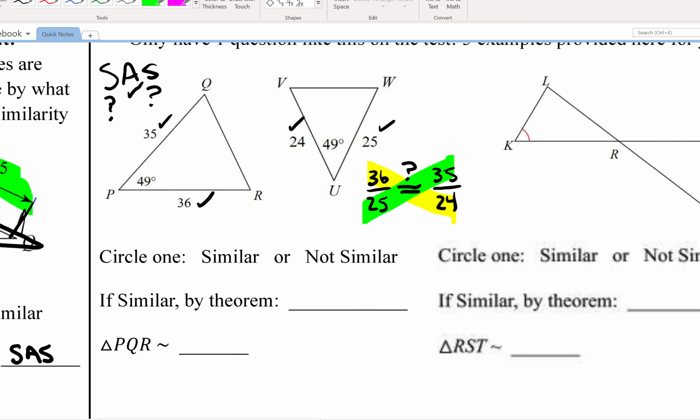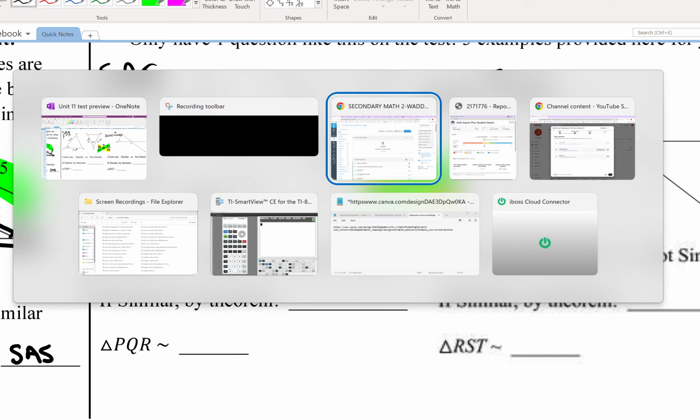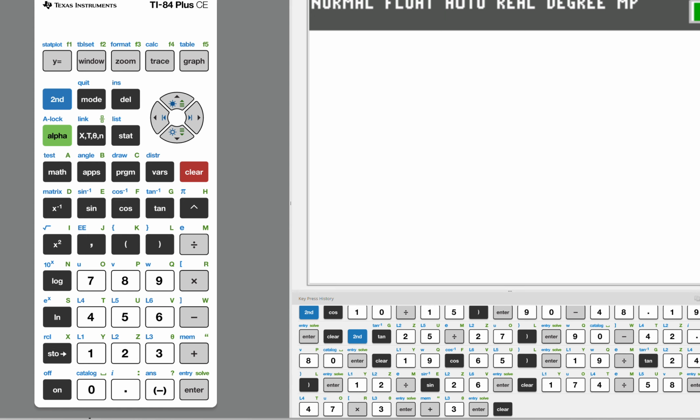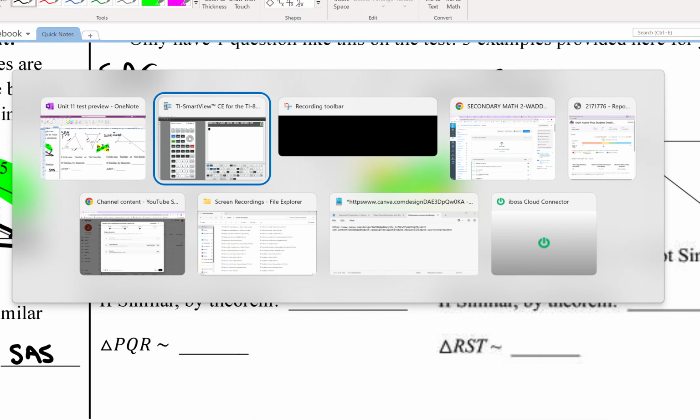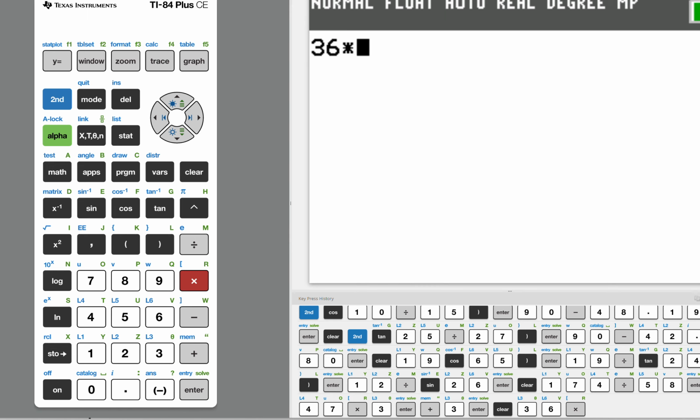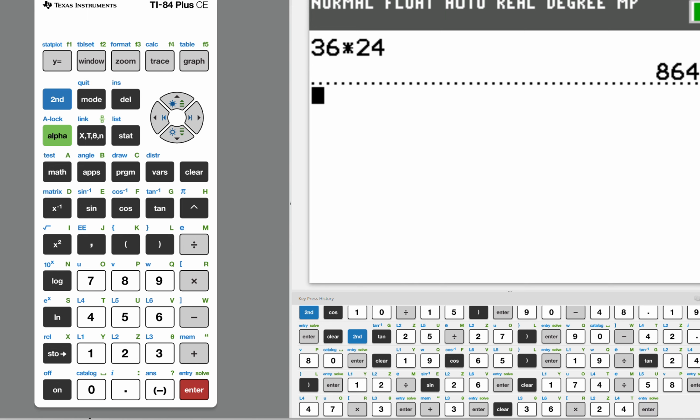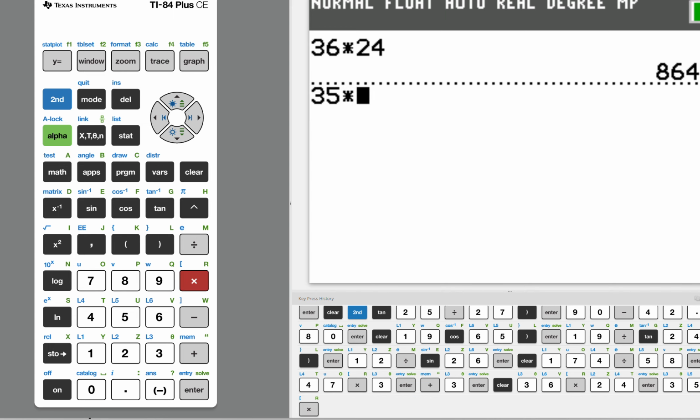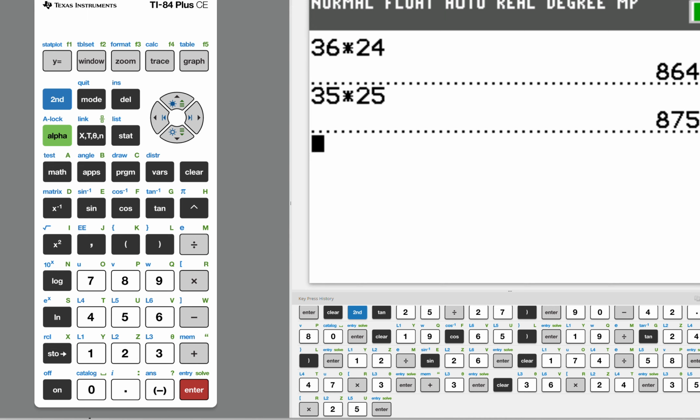That is to say, 36 times 24 would be equal to 25 times 35. 36 times 24 gives us 864, whereas 35 times 25 gives us 875.